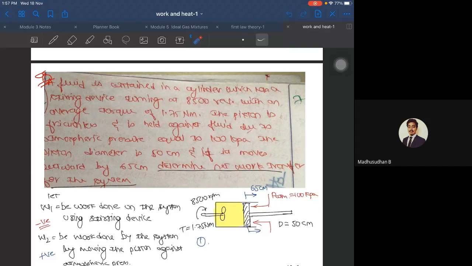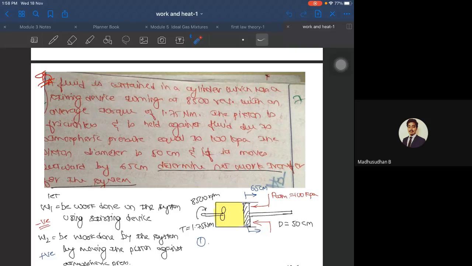You know the value of the atmospheric pressure. The diameter of the piston is given as 50 centimeters. If it moves outward by 65 centimeters, how much is it moving away? 65 centimeters.